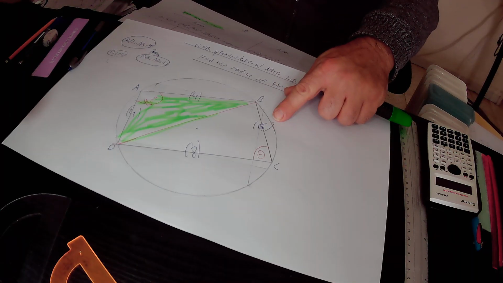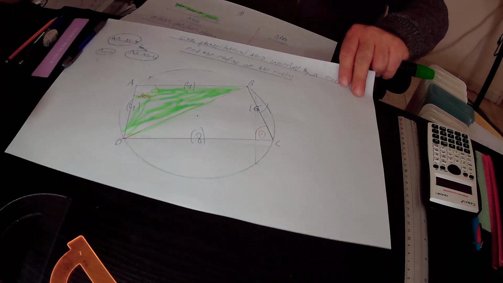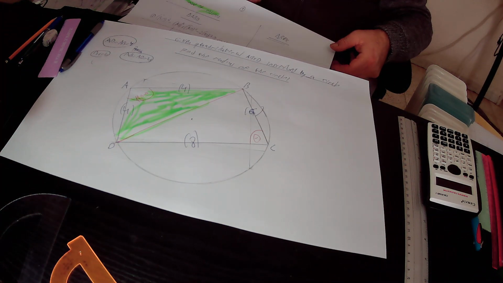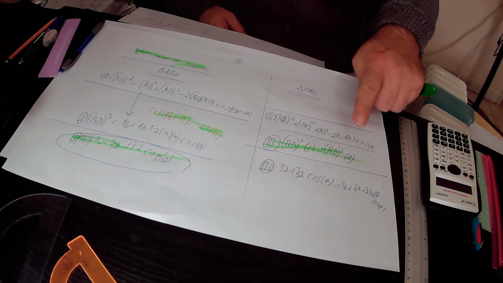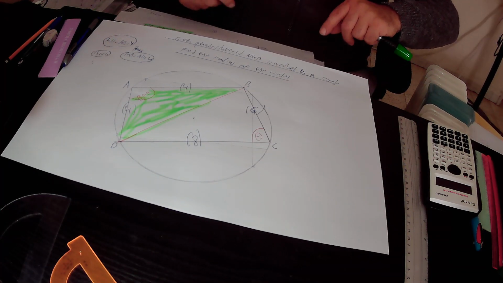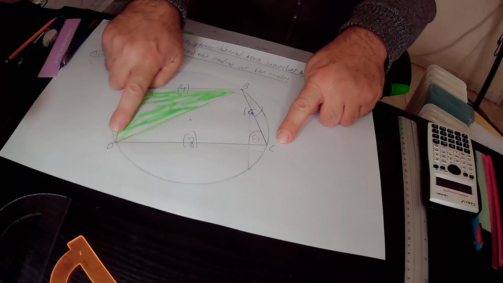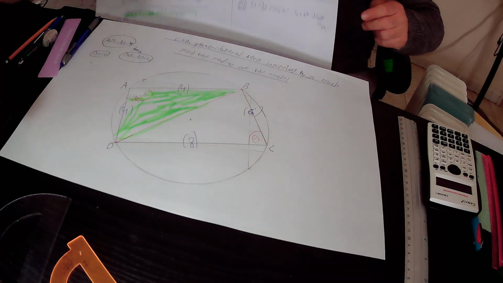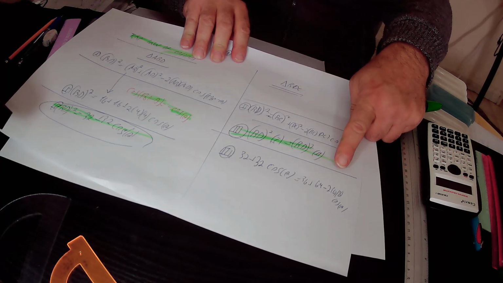BC is 6, therefore BC squared is 6 squared, that is 36, plus DC squared. DC is 8, therefore DC squared is 8 squared, that is 64.